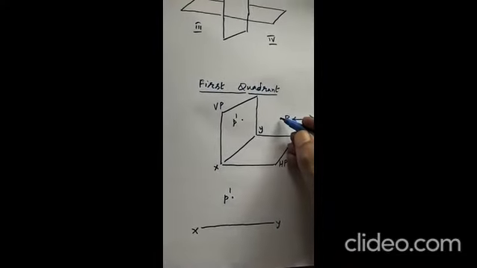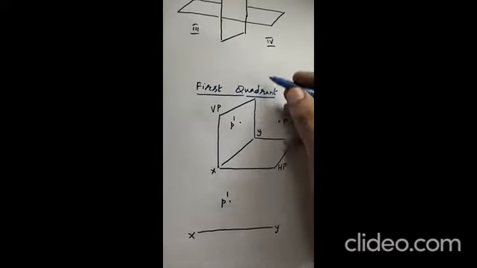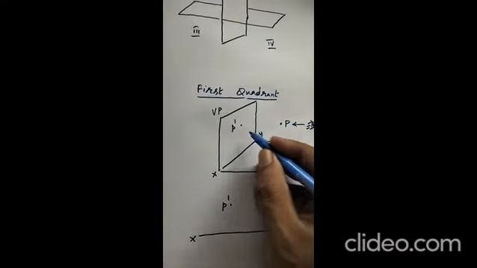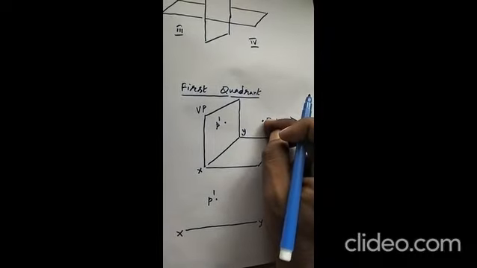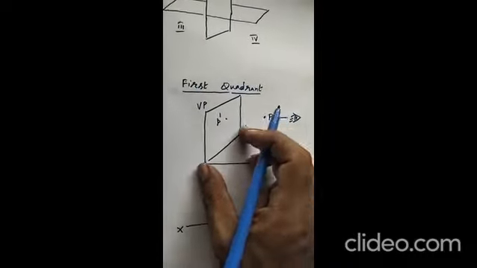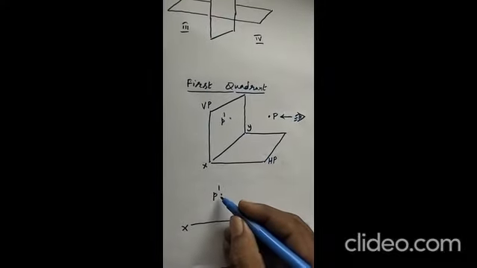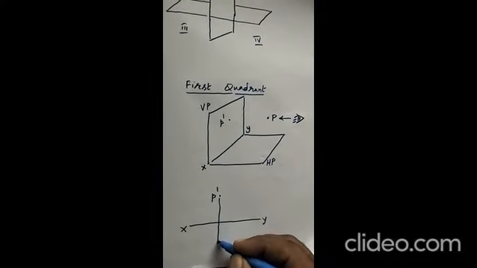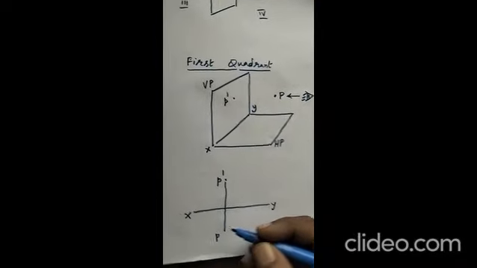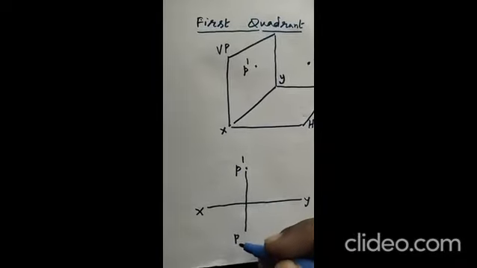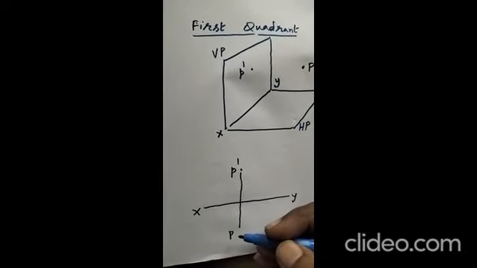Whereas to get the top view, the observer has to view from the top. So the distance in front of the vertical plane of this P will be visible below XY. This is XY, so below XY on the same locus of p dash, we get small p for the top view. So these are the front view and top view in the case of the first quadrant.